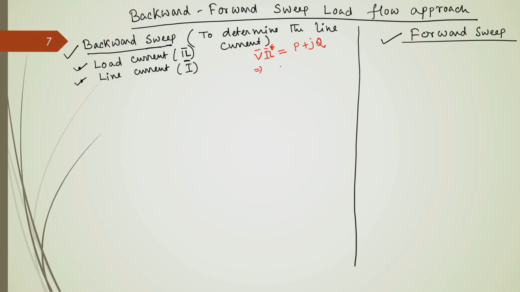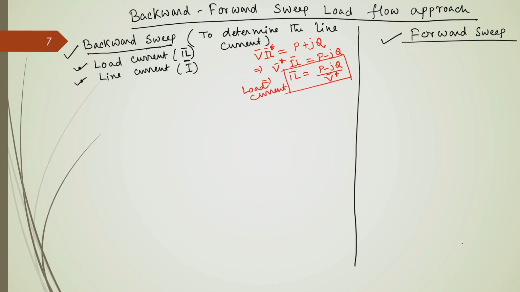So, we can write it as V phasor conjugate I L, I L representing this load current, is equal to P minus j Q. So, I can find out I L is equal to P minus j Q divided by V star. So, this is how we can find out this load current.